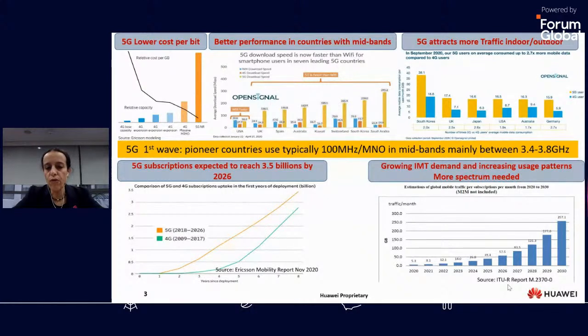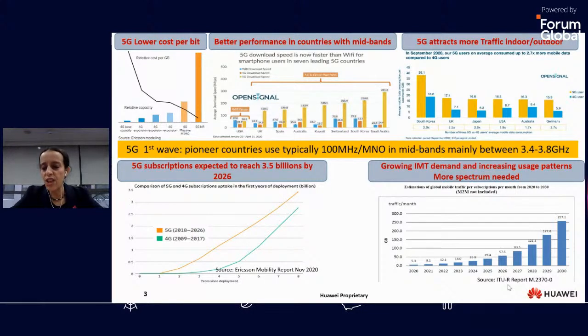Not only will the number of users grow, but the demand from these users is also growing. We see a figure here with an estimation from an ITU report showing that by 2030, mobile subscriptions will reach something like 250 gigabytes per month.